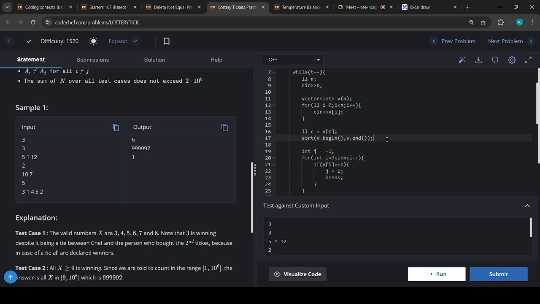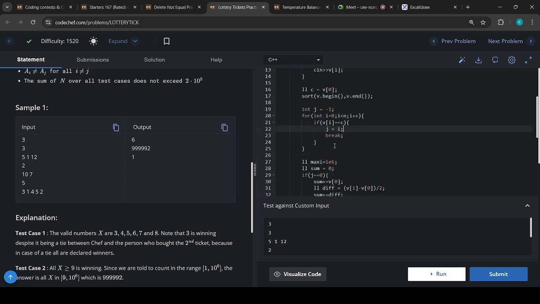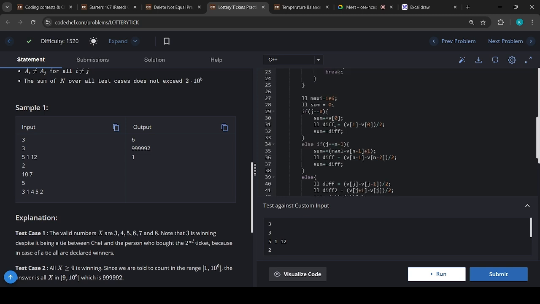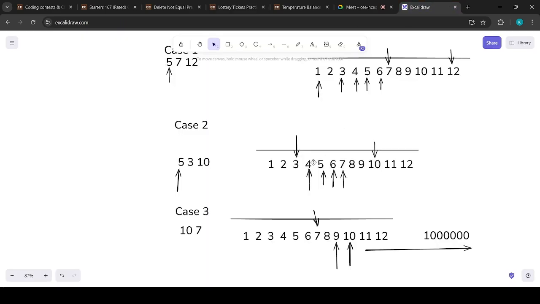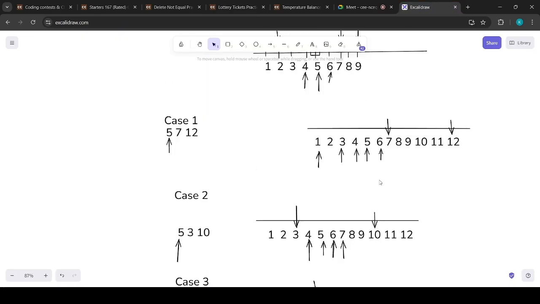Then we find the position of that number which Chef is taking. If the position of that number is 0, which is the first test case, we can take all the numbers up to that number.